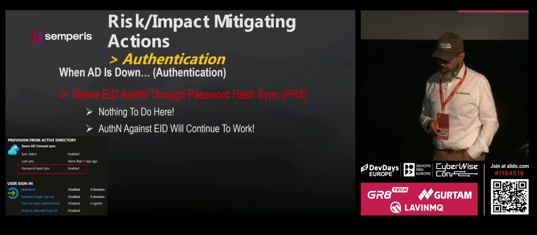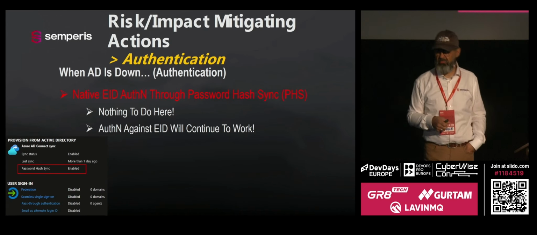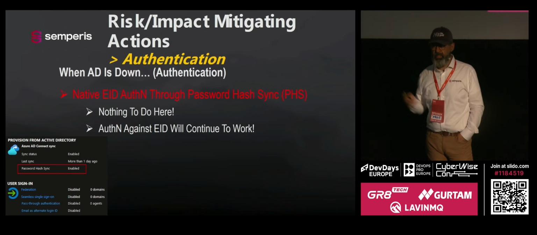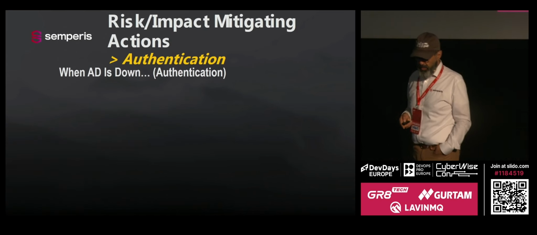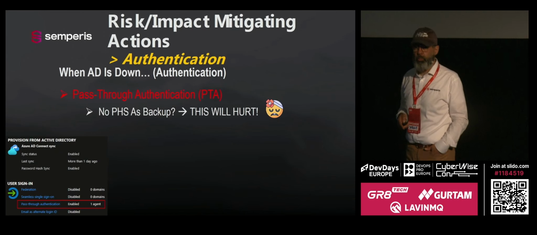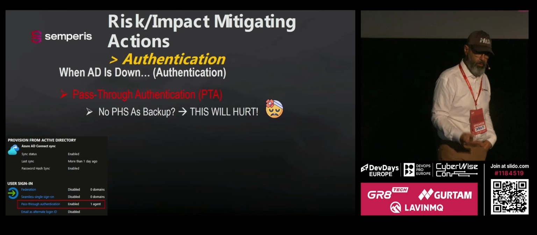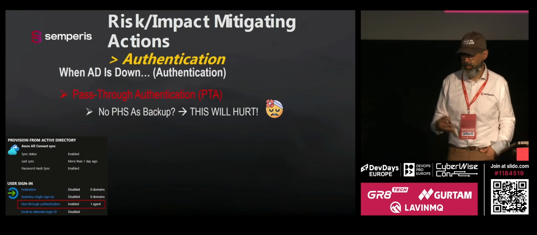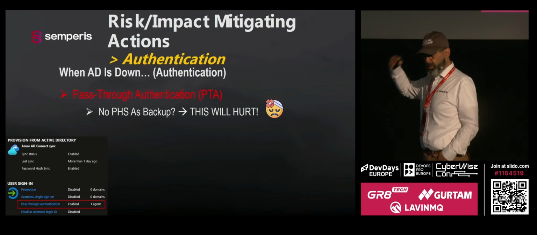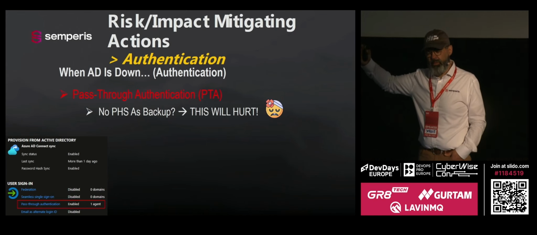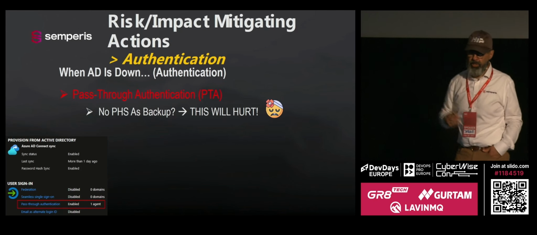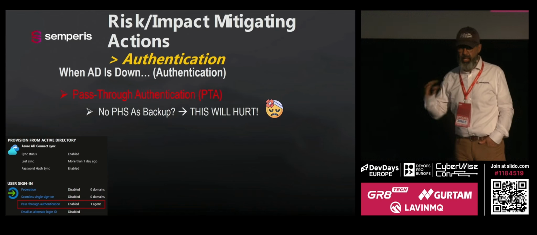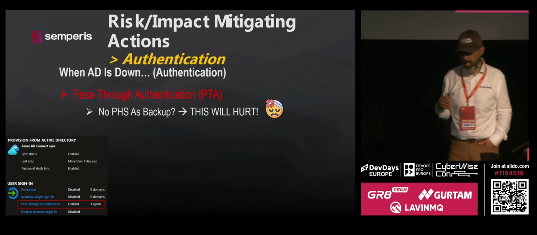Authentication. As I mentioned before, if you're using PHS, there's no problem. It will continue to work as if nothing happened. With PTA, by the way, it will hurt. If you don't have PHS in the background running, in other words, if the hashes are not already in the cloud, then it will hurt. You won't be able to do anything until AD is back.